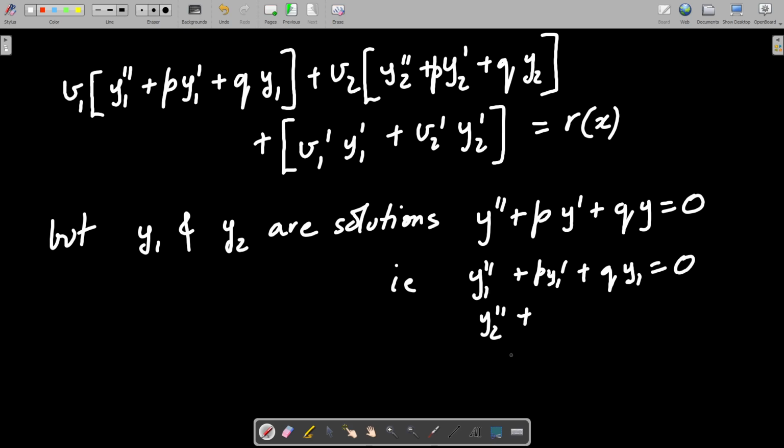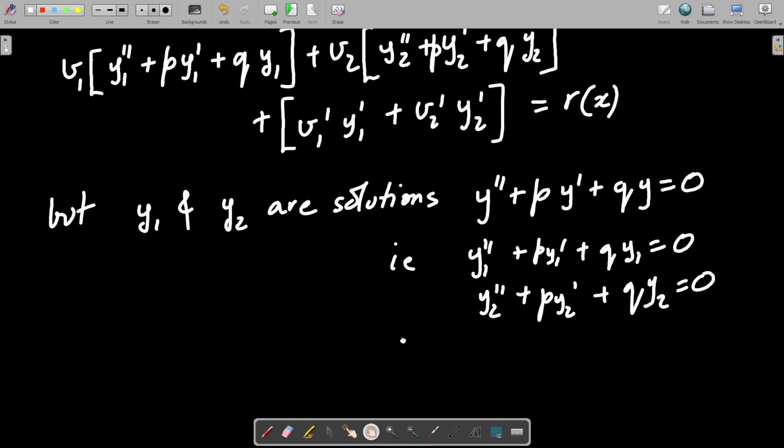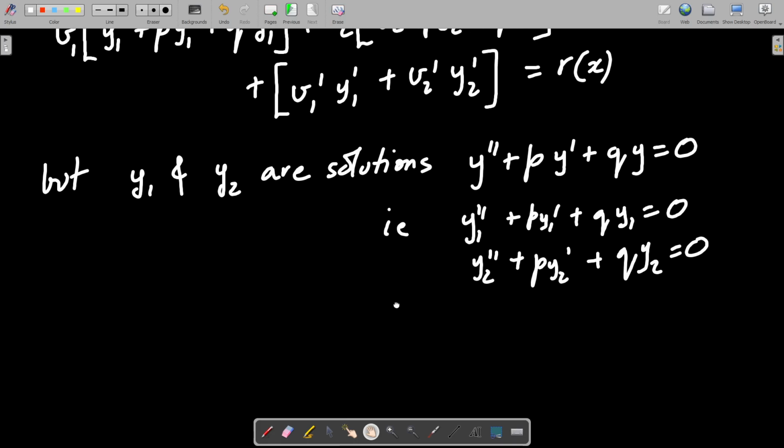In other words, y1 and y2 satisfy this equation over here, right? Same for y2. So these two quantities are 0 in that expression. So what will remain with you?